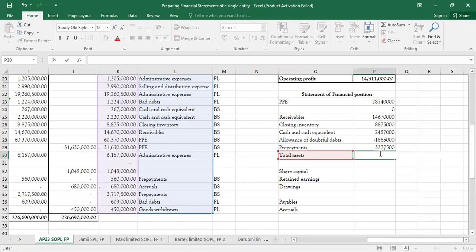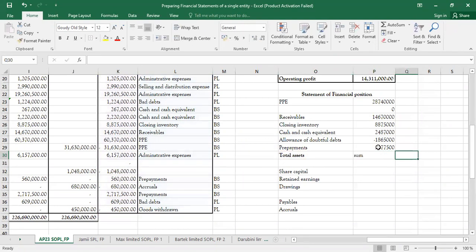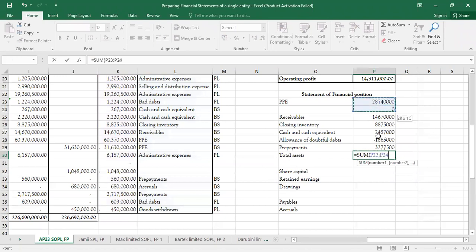Then I'll do sum, or you can do alt equals. Sorry, never start with the sign. So equals sum, press tab, I add, control enter, control bold, alt HBU, isn't it?